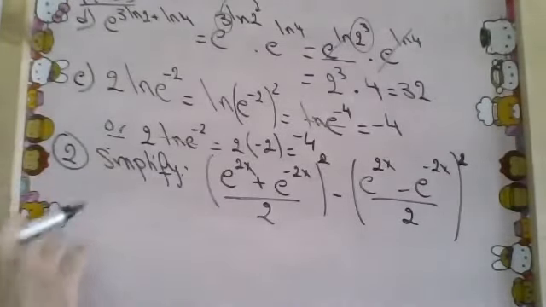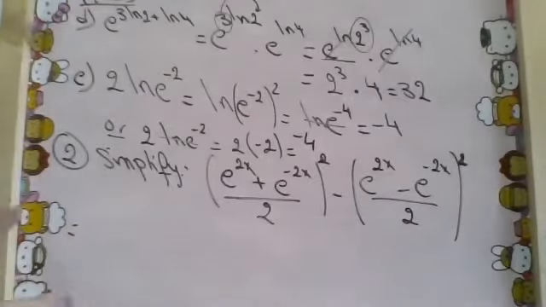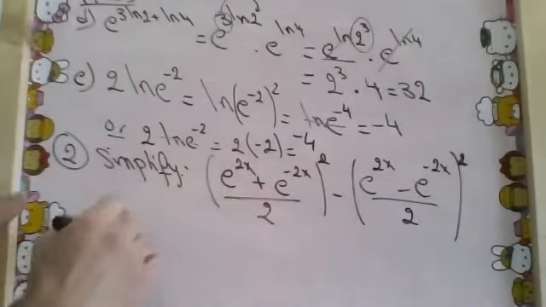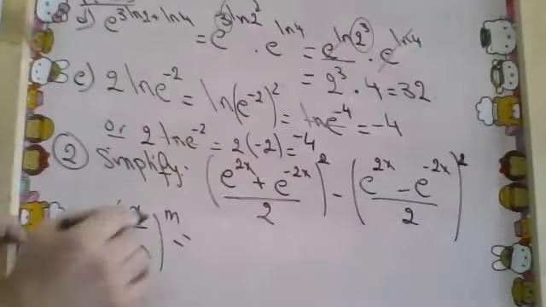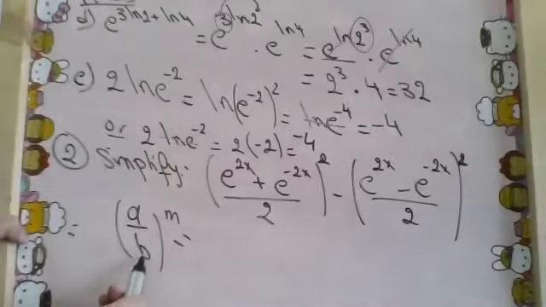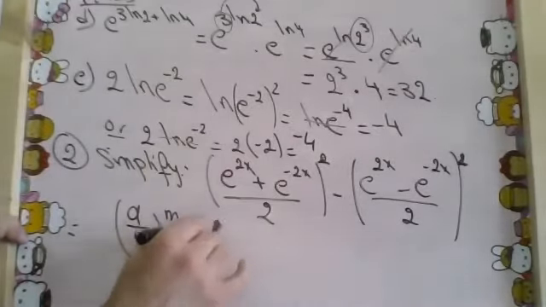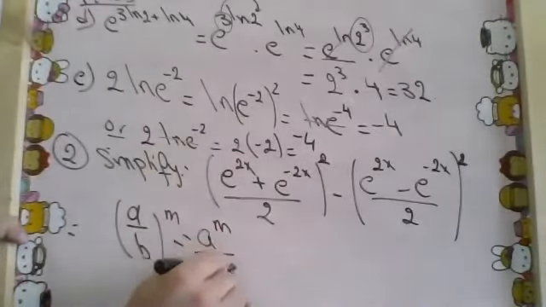It is equal to, over 4. There is no 'over' sir, there is a denominator. It doesn't matter. When you have a over b to the power m, the power applies to the numerator and the denominator, so you write a power m over b power m.